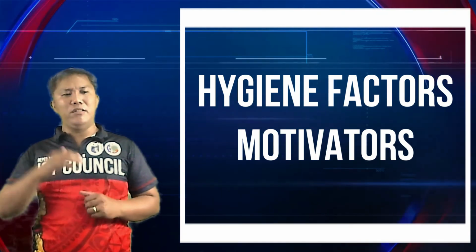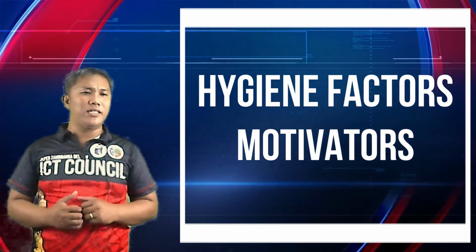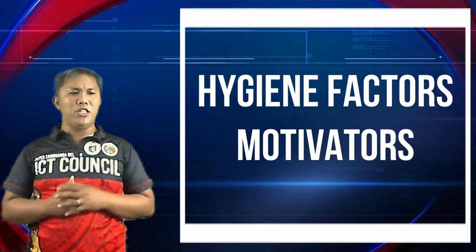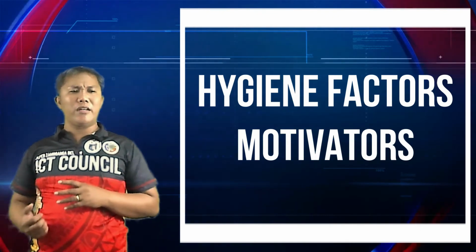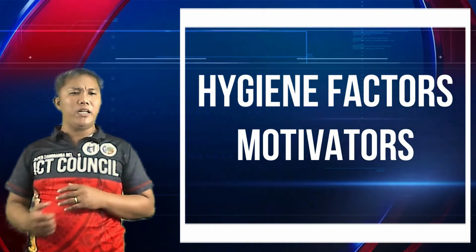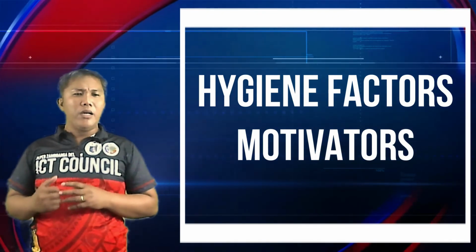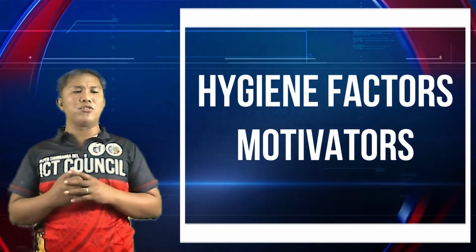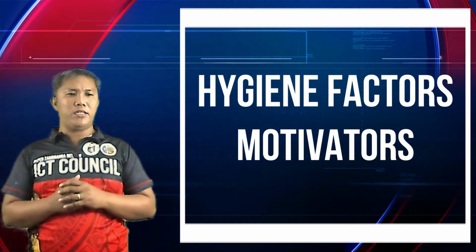Hygiene factors, on the other hand, include things like working conditions, organizational policies, salary, and others that may not motivate directly, but the absence of which can lead to dissatisfaction at the workplace.